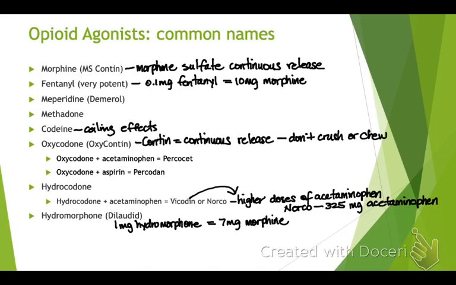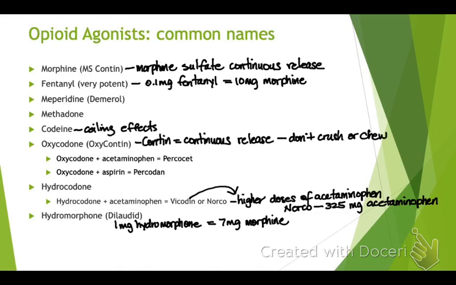So these are meds that you do not crush or chew. When you combine the oxycodone and the acetaminophen, it makes the brand Percocet, that's the brand name, but the generic name would be just oxycodone plus acetaminophen. And then oxycodone and aspirin will produce Percodan.